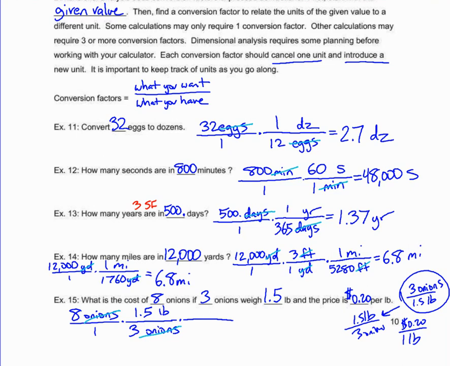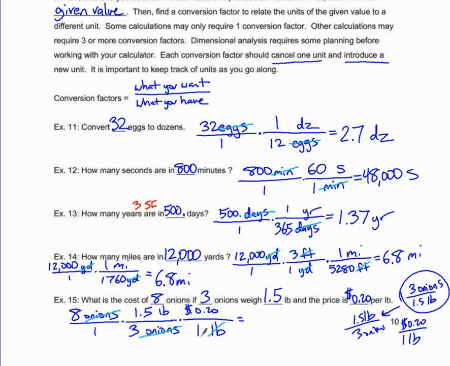And the next thing, we want something that cancels pounds, and we want to know what is the cost. So we're looking for the price. So 1 pound is 0.20 or 20 cents. So now all we have to do is solve this thing. And so we put it in our calculator.